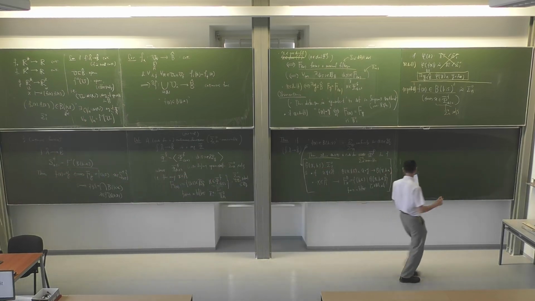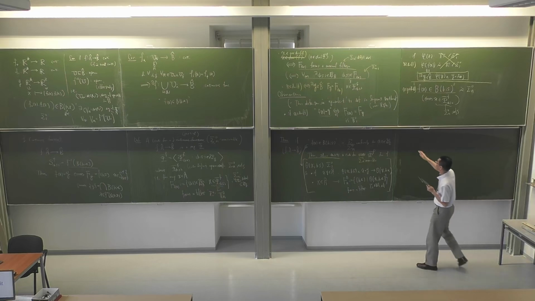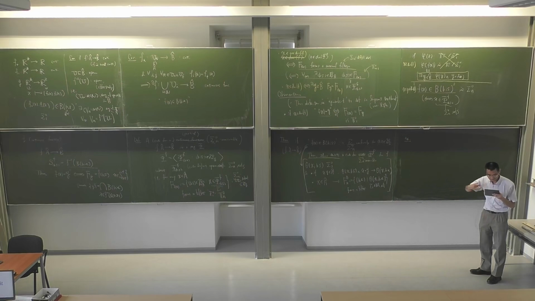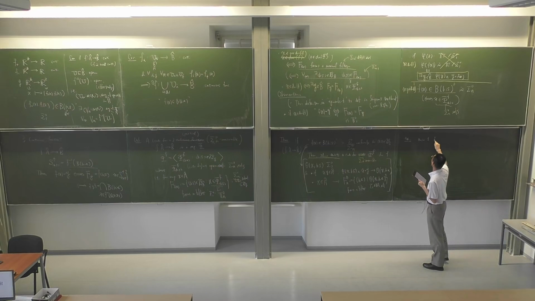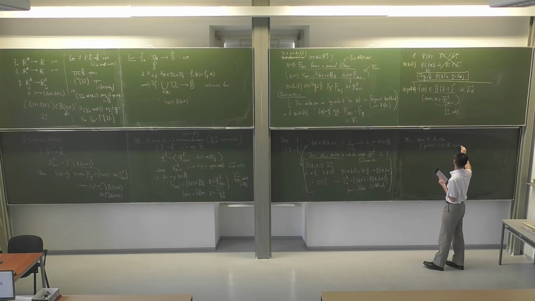But with this way of coding, we have a uniform way to define various different types of functions. For example, a Baire class 1 function, the pointwise limit of continuous functions.